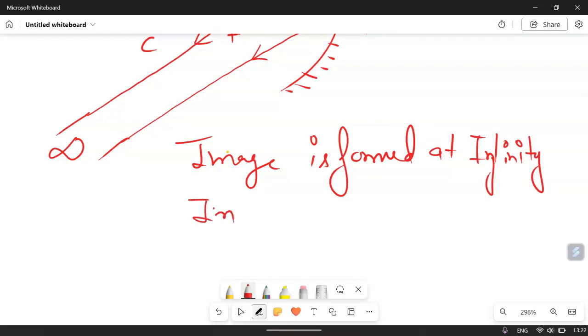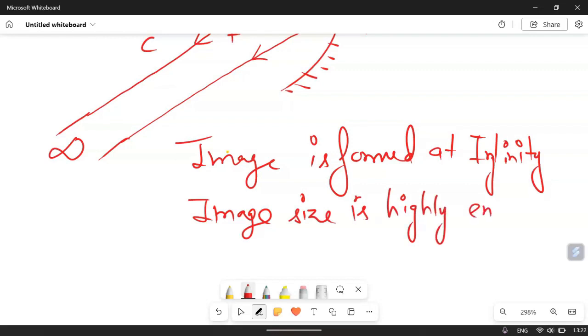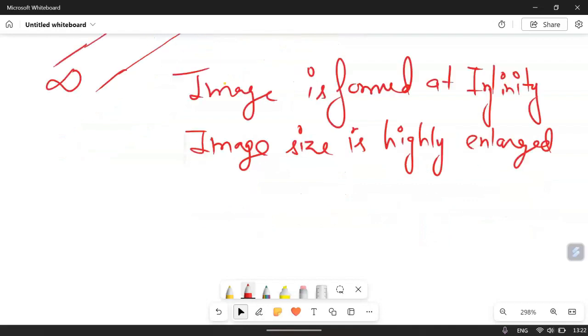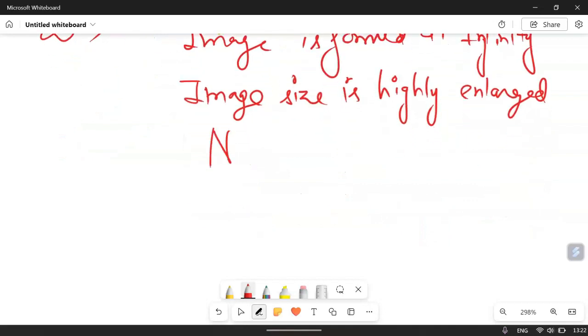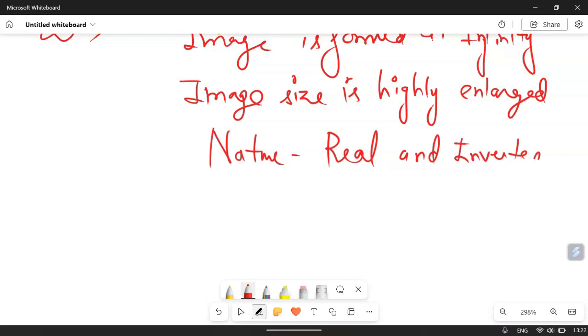Image size is highly enlarged. And its nature is real and inverted. Okay, real and inverted. I hope you get it.